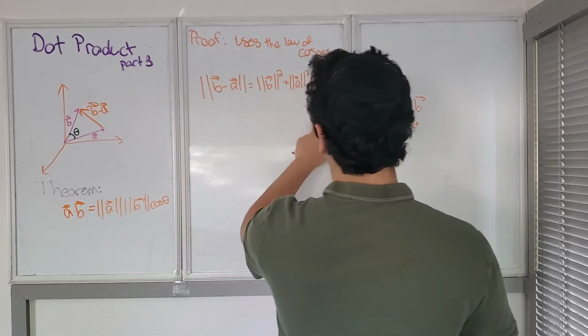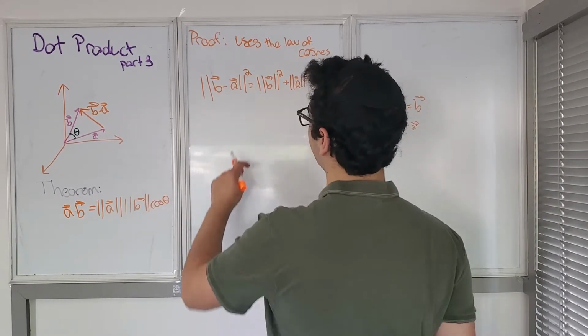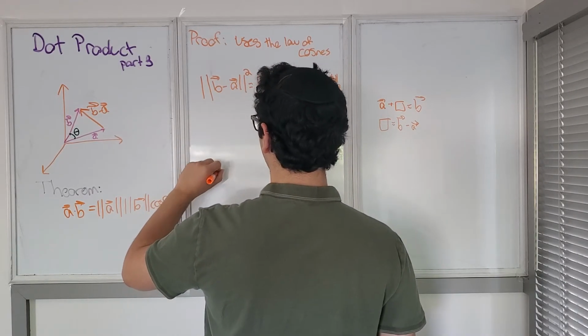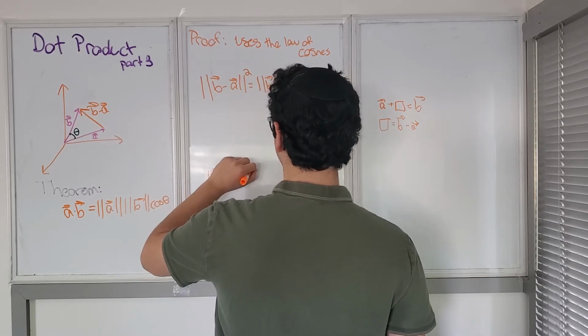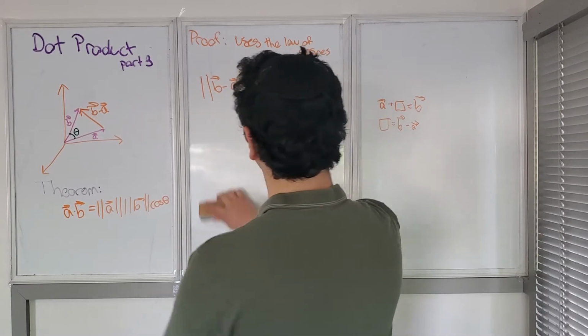And so now I'm just going to expand this out. Like we said in the last one, if I have a C vector squared, that's the same thing as C dot C.